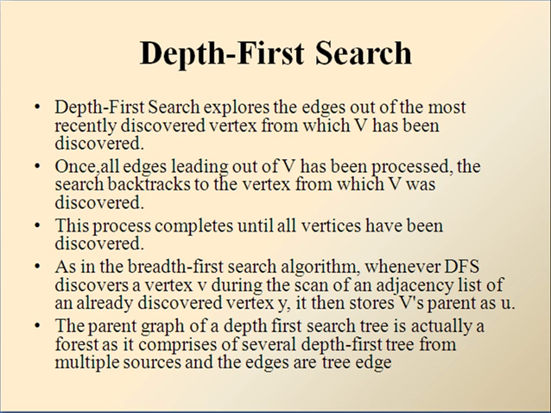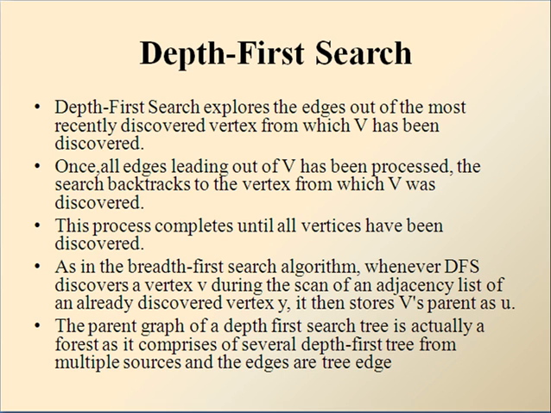Next is the depth first search. DFS explores the edges out of the most recently discovered vertex V. Once all the edges leading out of V have been processed, the search backtracks to the vertex from which V was discovered. This process continues until all the vertices have been discovered.